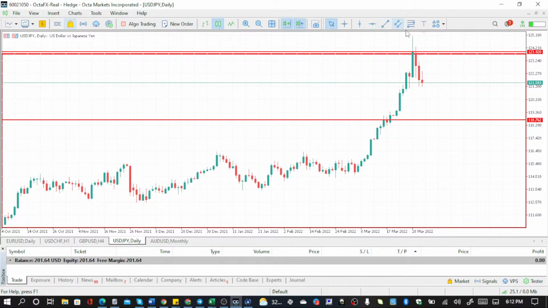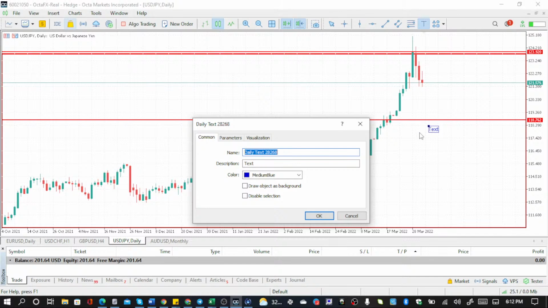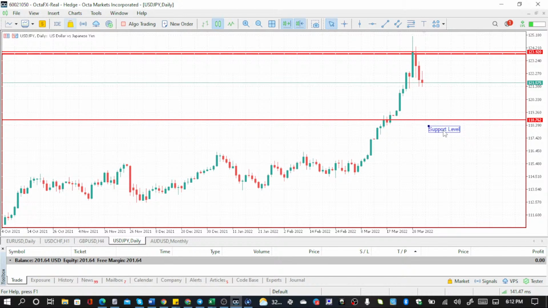Let me mark it out. Can you see that? The next support level.